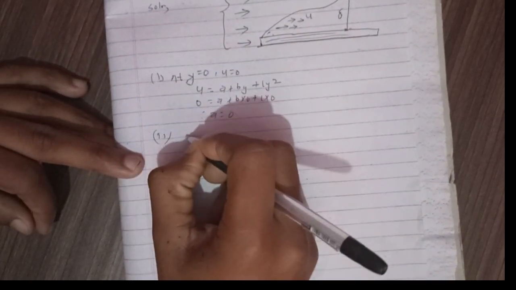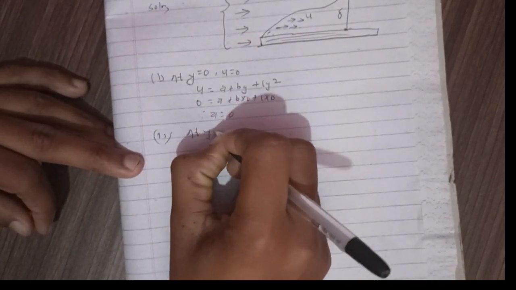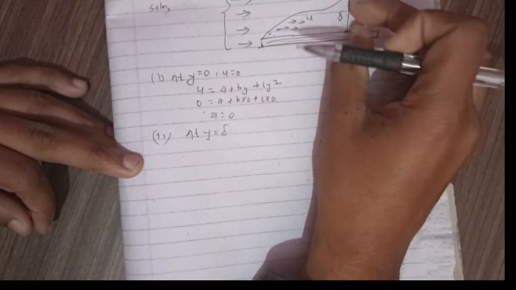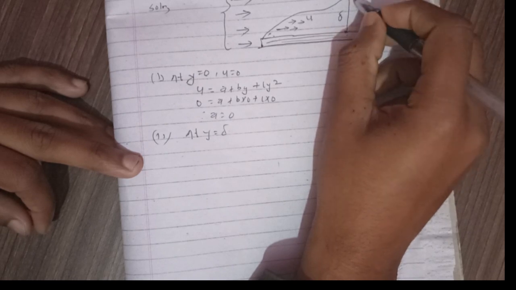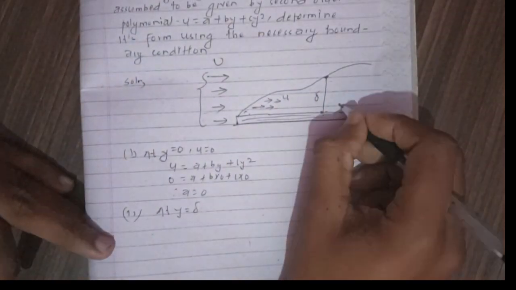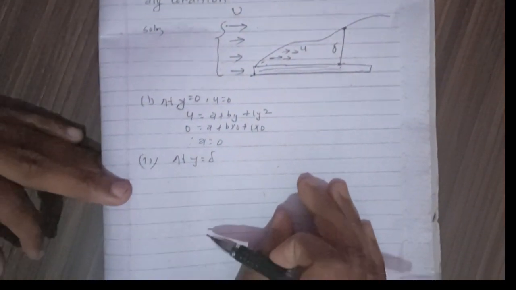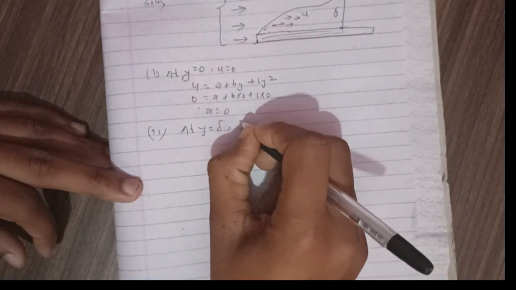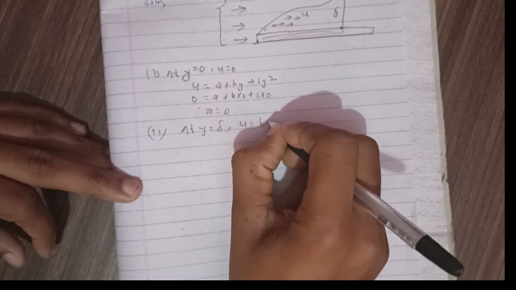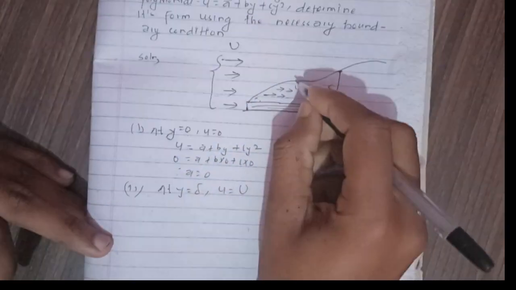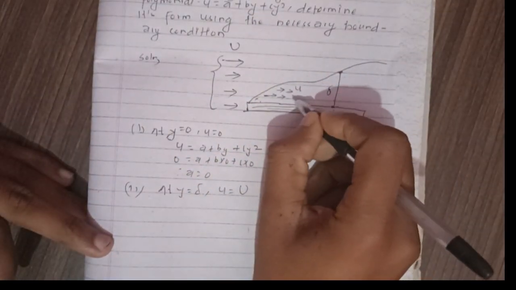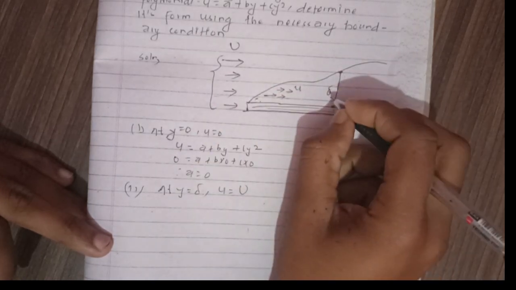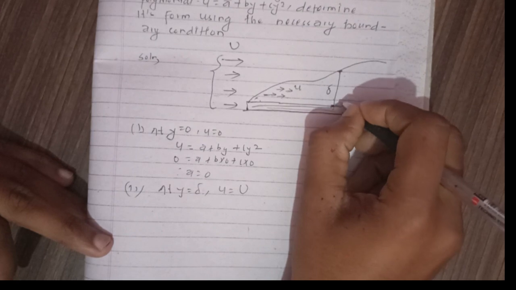Similarly, at y is equal to del. This del is the boundary layer thickness. Up to here our boundary will be given by del. So when y is del, the u will be capital U. See, when the fluid is within the boundary, velocity u varies with the distance y.